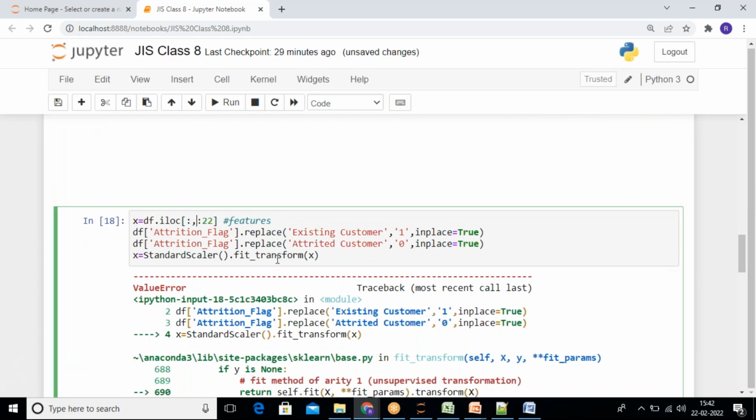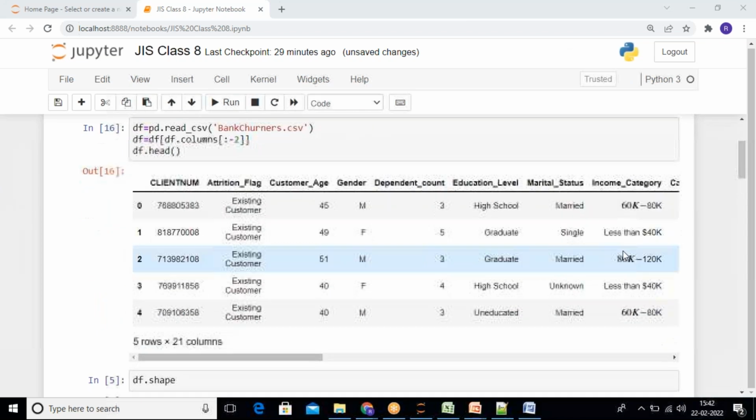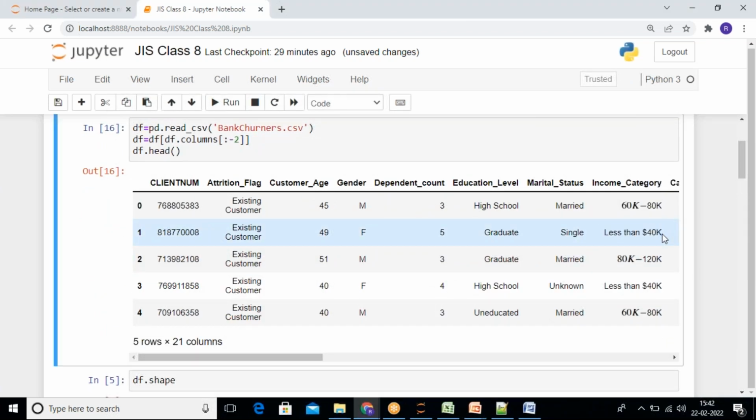Sir, if we convert it into an integer value... How will you convert it into an integer value? For less than 40K, what will you put? Sir, if we take some threshold value for that. No, we cannot take a threshold value. This is absolutely wrong. If I say your income is below 50,000, your income can be around 24,000.